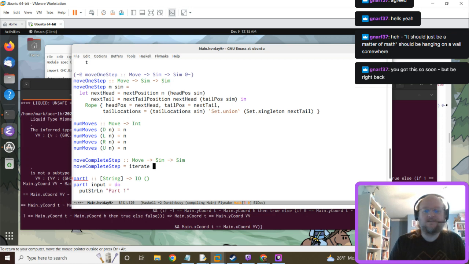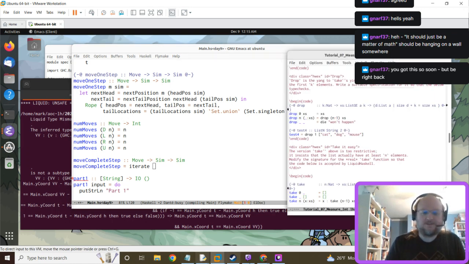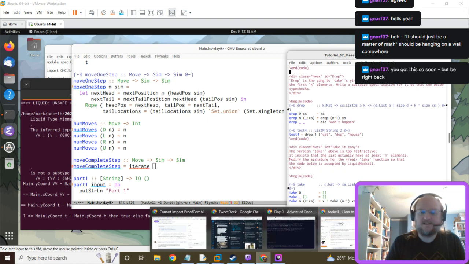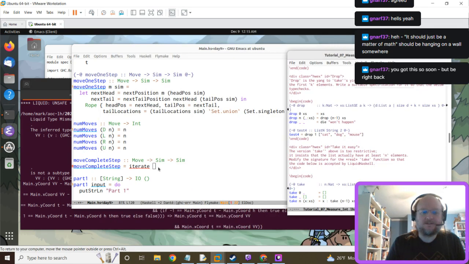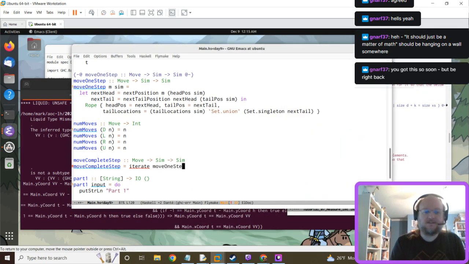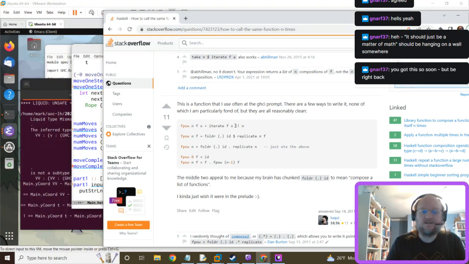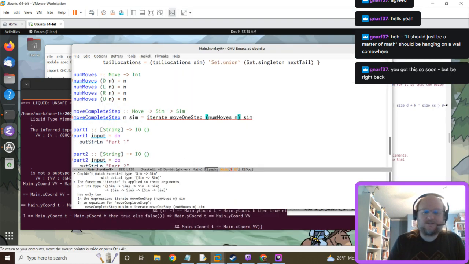Iterate, move one step. And do it num moves times on sim. Oh no, no. That's backwards.